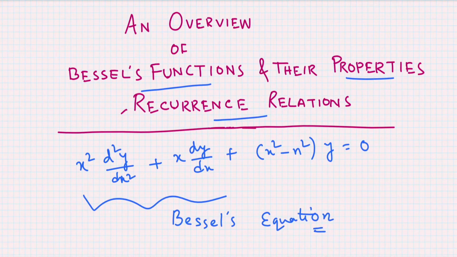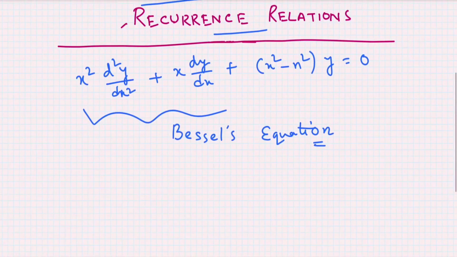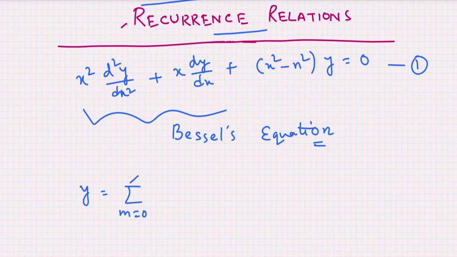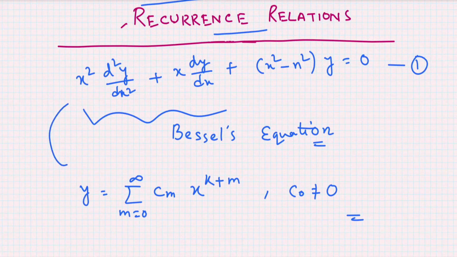Now, let us call this equation 1. To solve this differential equation, we apply the series solution method. If we take the solution y equal to summation m equal to 0 to infinity c_m x power (k plus m), with c0 not equal to 0, then we calculate y dash and y double dash and put them in the equation.